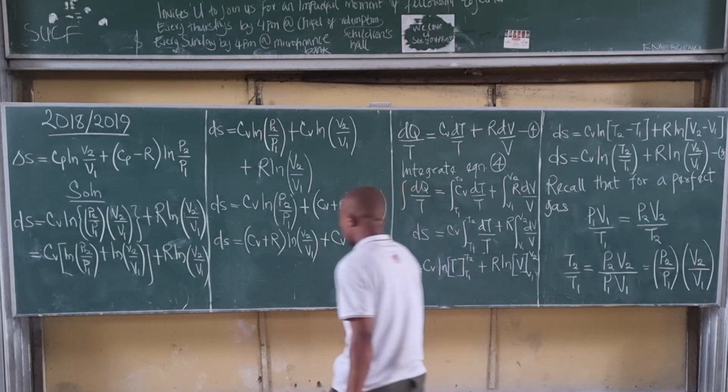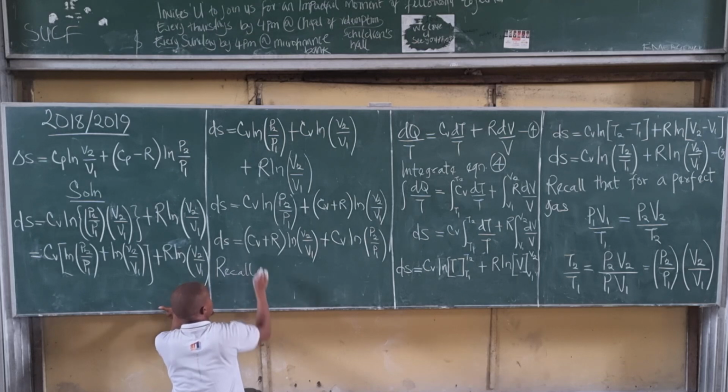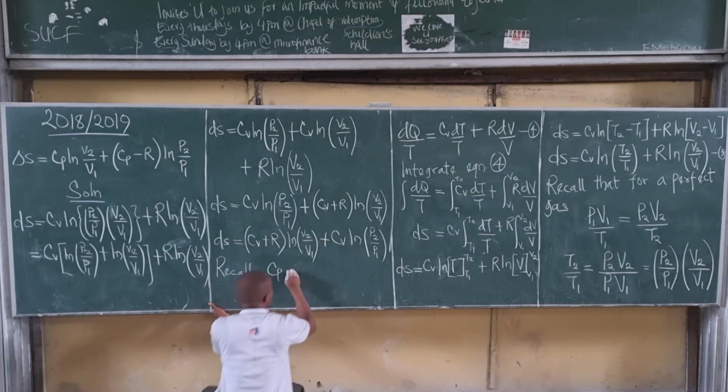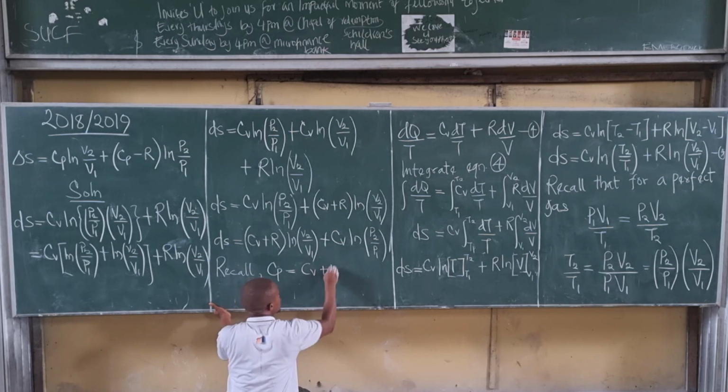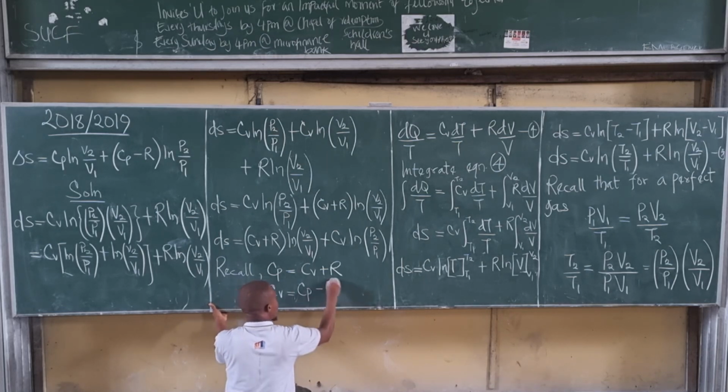Now recall that Cp equals Cv plus R, and Cv therefore equals Cp minus R, right?